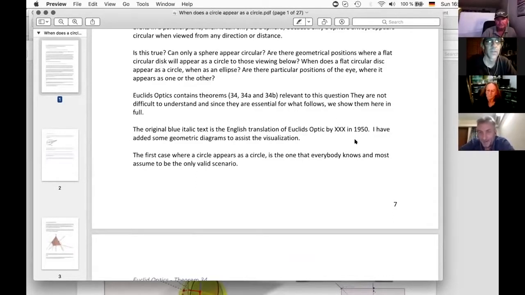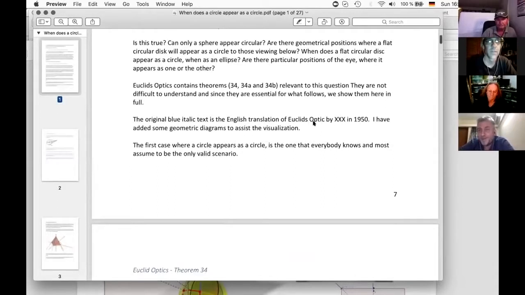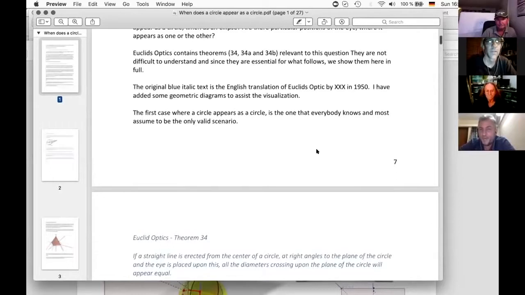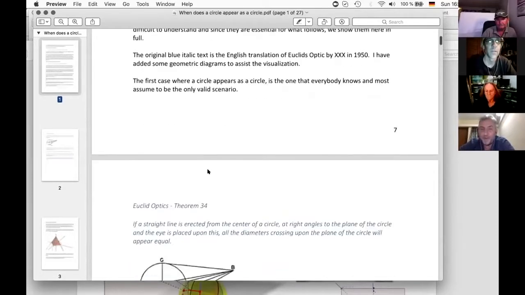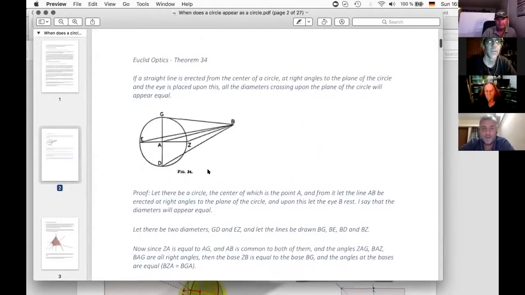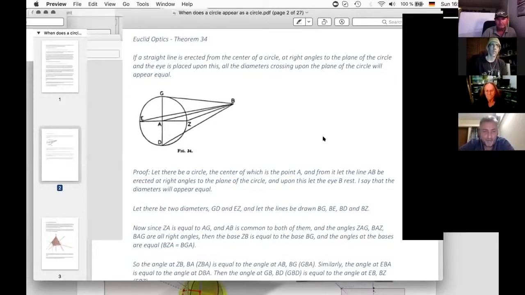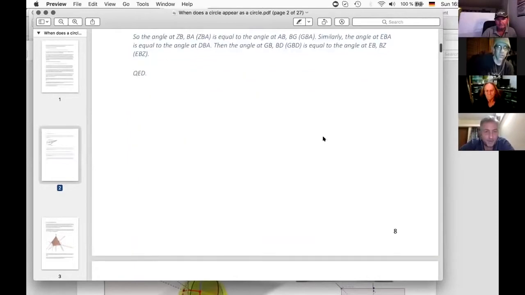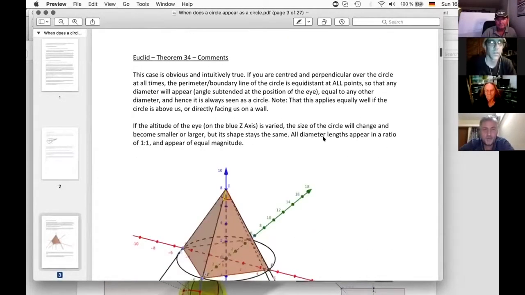In this translation of Euclid's Optics into English, he's got some theorems that describe how a circle appears. So I went through this paper. This is the original proof from Euclid, in blue. And I then basically remodeled them in GeoGebra. So let me just go down to it here.